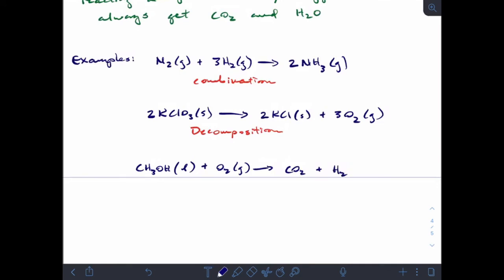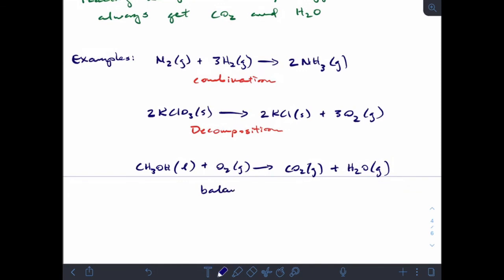I keep forgetting to put the states. CO2 gas plus H2O gas. I need to balance this. If we balance, we end up with a reaction that looks like 2CH3OH, which is methanol, plus 3 O2 gas, giving 2 CO2 gas and 4 waters.